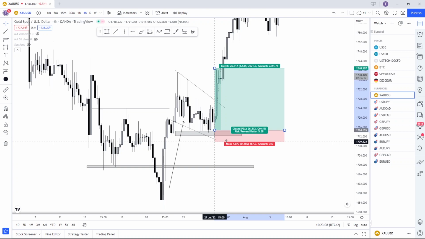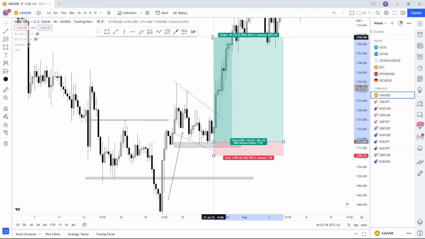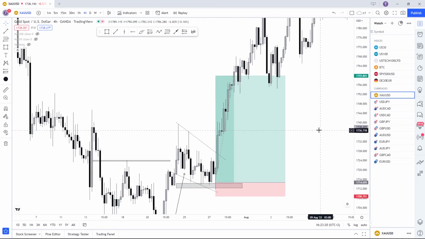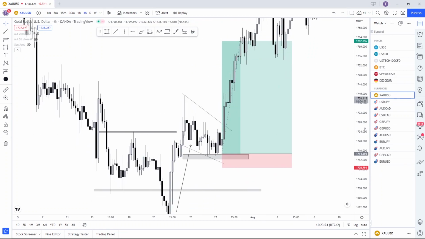An aggressive entry right here with a tight stop. Okay.